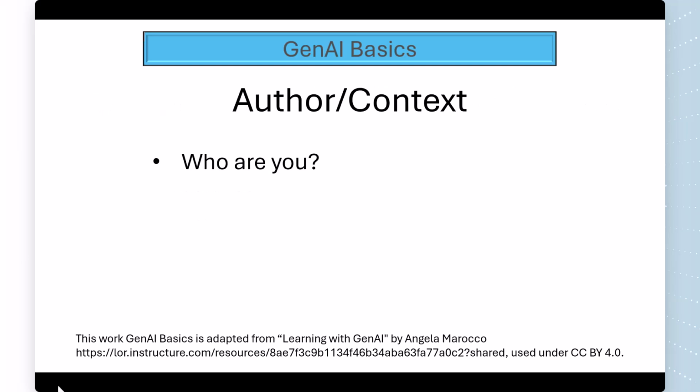We'll start with the component of author context. Who are you and what do you need? Identifying who you are as the author helps you set the right tone. Without context, GenAI tools default to generic responses that may be inappropriate in depth, tone, or relevance.